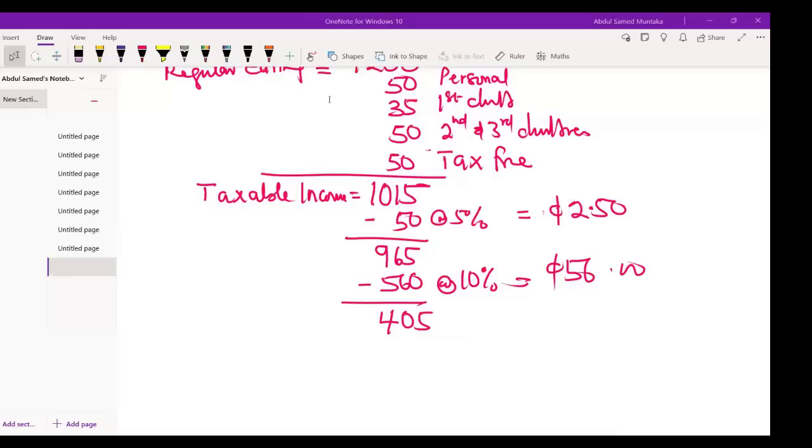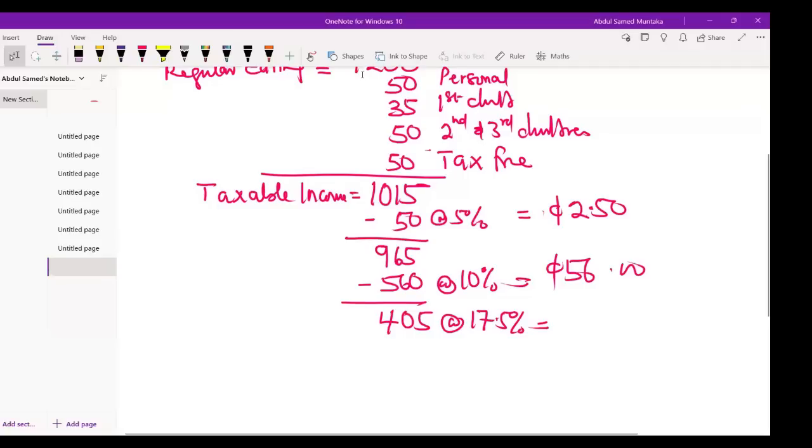Okay. Now you see that the next schedule is 660. But the remaining money is not up to 660. In that category, we tax at 17.5%. What is 17.5% of 405?